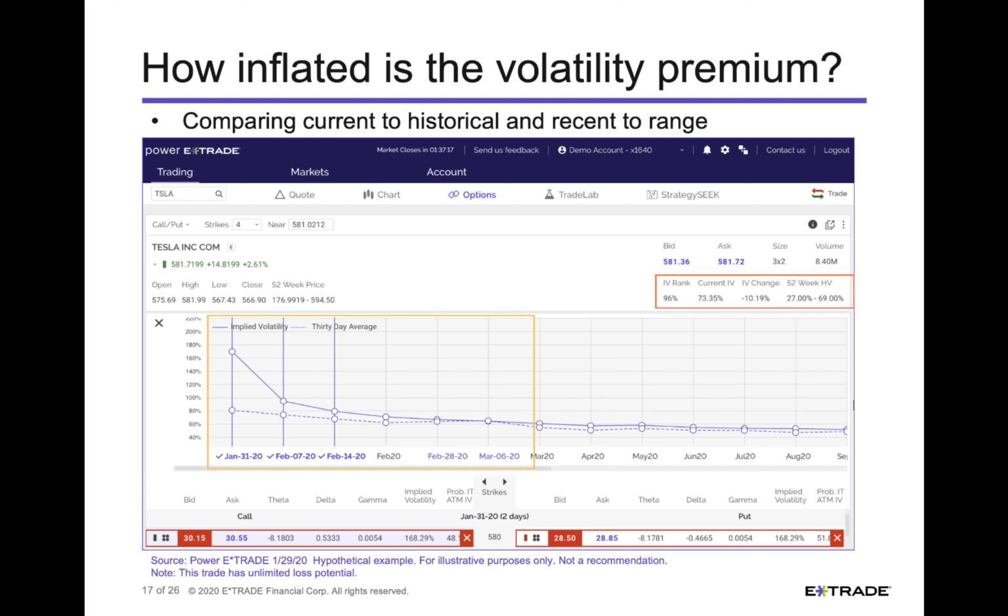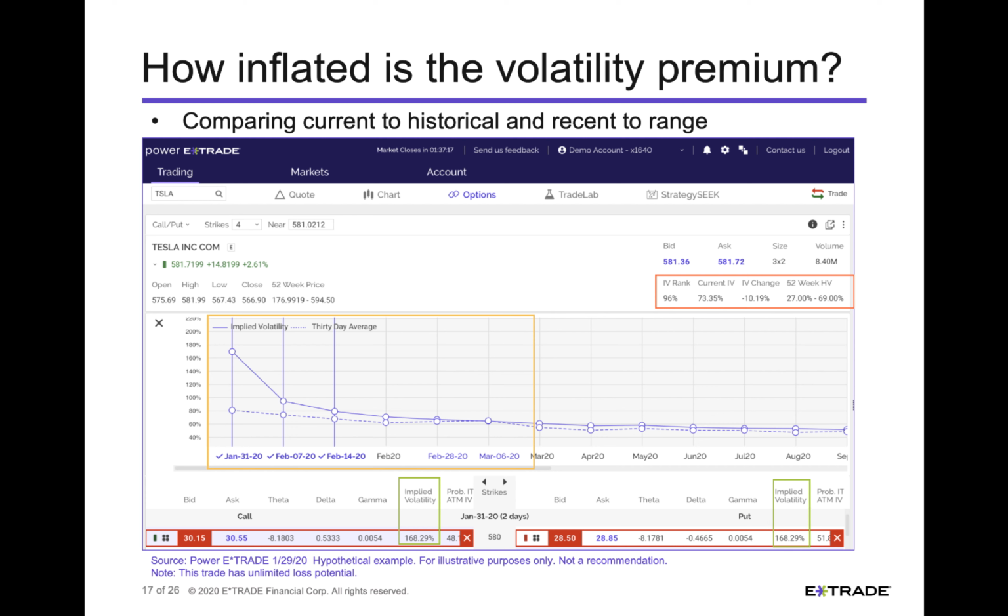If you look at that one, that's the one we looked at before, we've got the volatility there way higher than that 73.35. People are willing to pay for the calls and the puts as if the volatility was upwards higher than 165%. And I can see that down below where I've got the implied volatility for the 580 call at 168.29%.